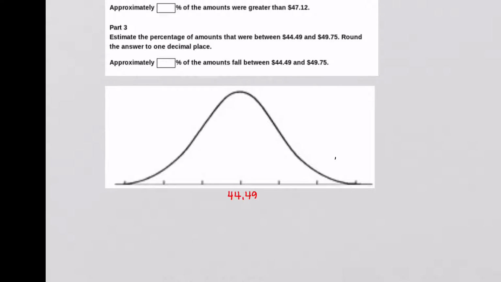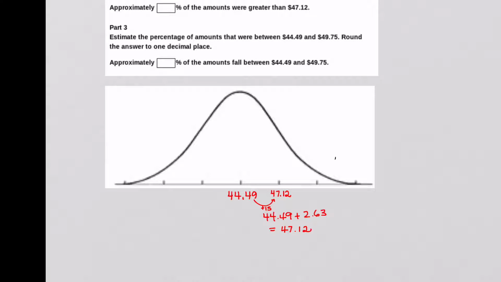Now, I'm going to take that $44.49 and add the standard deviation, which is $2.63. And when I do that, I get $47.12. So that amount is going to go here. And that's one standard deviation above the mean. So that's how we get the 47.12.